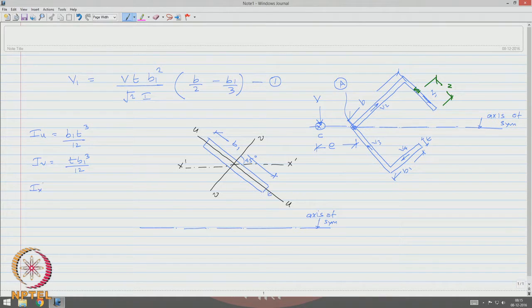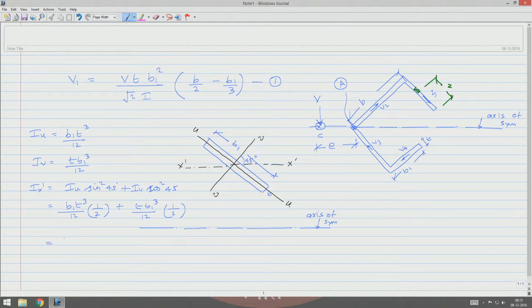Therefore, I x dash can be calculated as IU sin square 45 plus IV cos square 45, which will be B1 T cube by 12 into 1 by 2 plus T B1 cube by 12 into 1 by 2, which tells me it is B1 T cube by 24 plus T B1 cube by 24.